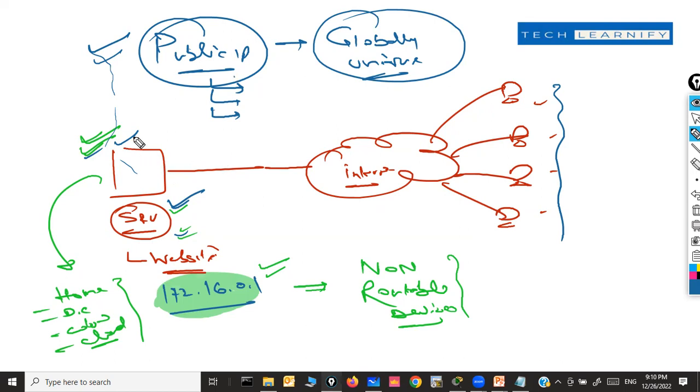So for you as a customer, where will you have to approach? Your internet service provider. Your internet service provider, cable modem provider, broadband internet provider, FTTH, whoever is providing internet.